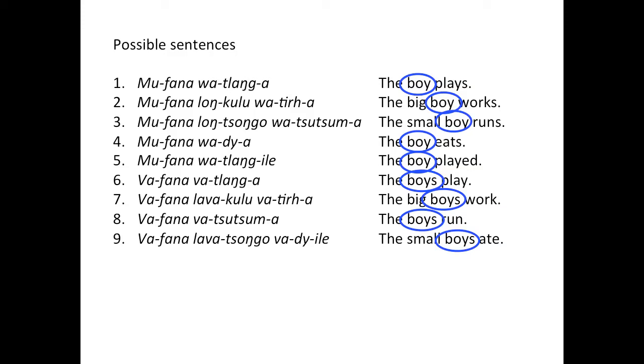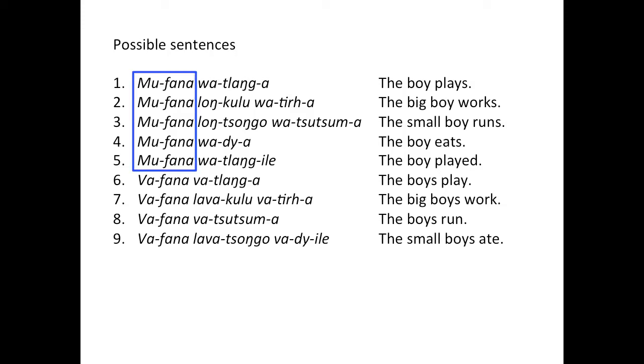Now, it did jump out at me when I first looked at the data that all of the first group of sentences in Tsonga started with mufana, whereas all the second lot started with vafana. This struck me straight away because I could see that they shared the form fana, but differed in what looks like a prefix mu on the first group and a prefix va on the second half of sentences.